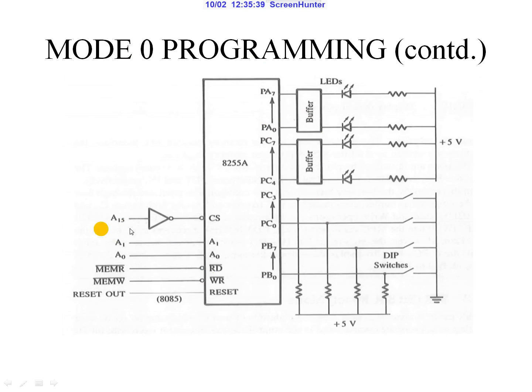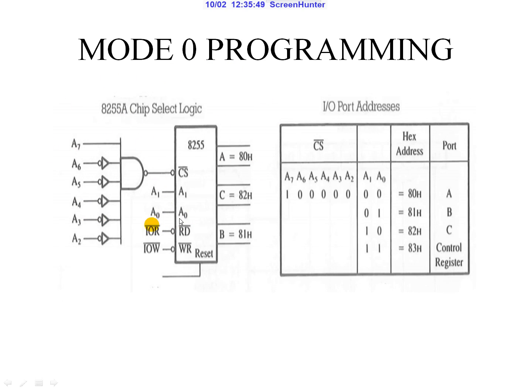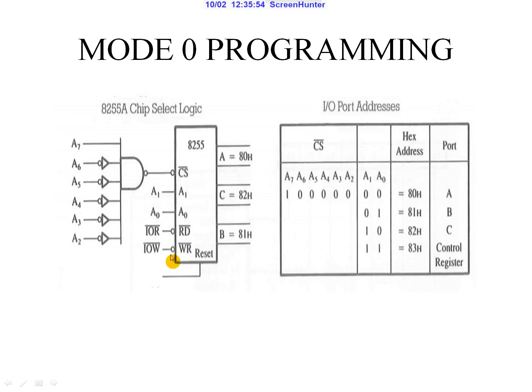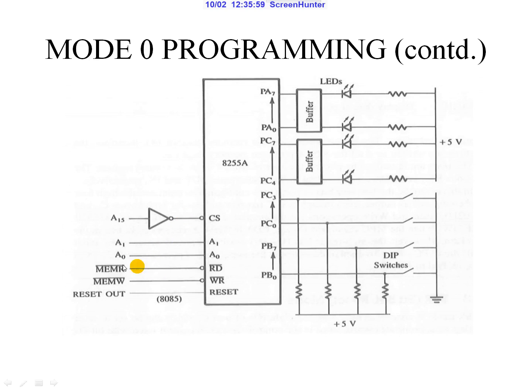Here we are given a circuit diagram showing how we connect this chip select. A15 is going to be connected for this chip select, and we can use this control logic here. A1 A0 is connected directly to the A1 A0 pins, the memory read and memory write signals are connected with the read and write signals, and the reset pin is connected with the reset out of the 8085.